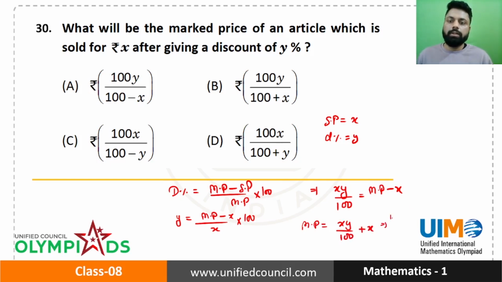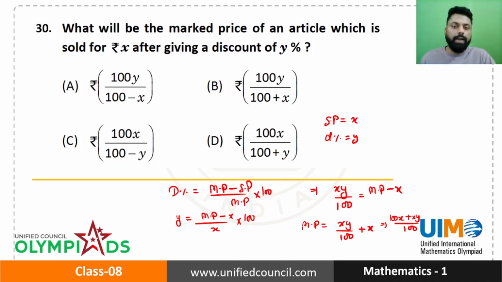So this is 100x plus xy upon 100. Y upon 100, so this value will be equal to selling price is equal to mark price multiplied by 100 minus y.